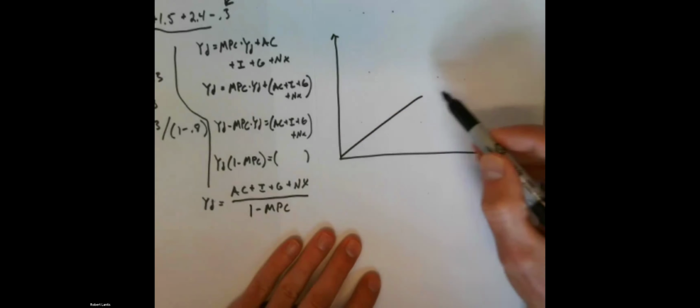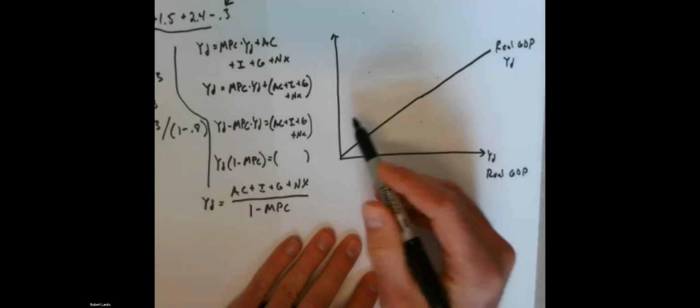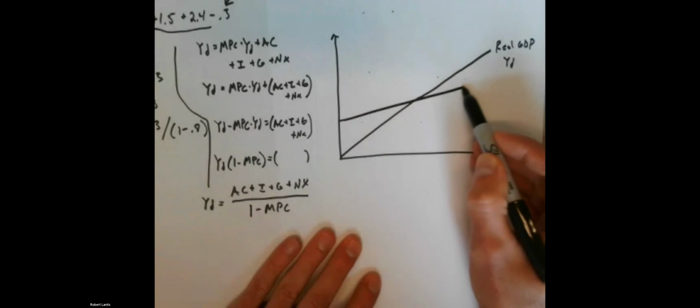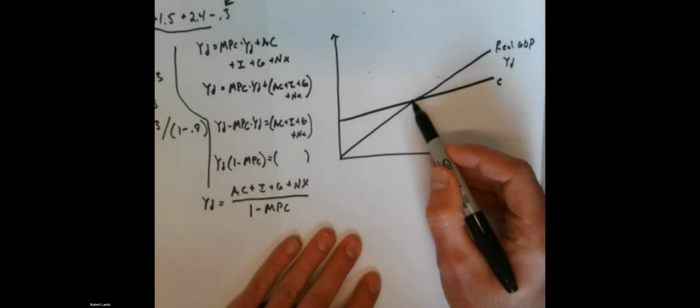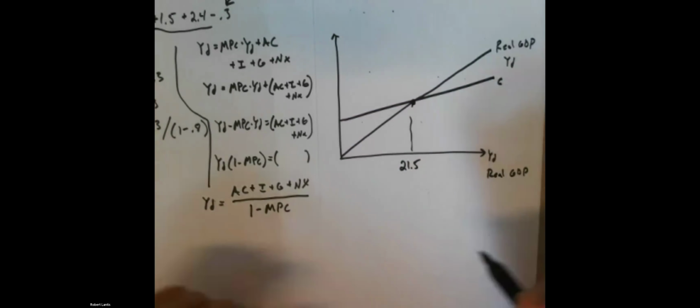So here is our overall real GDP or our disposable income. The actual consumption we said initially is always going to be higher. And then eventually we find this break-even point, which was 21.5.